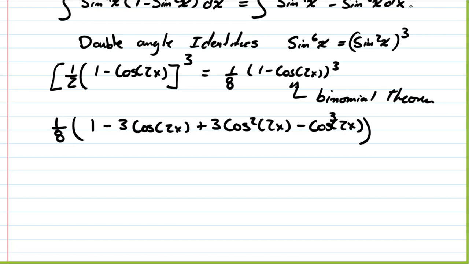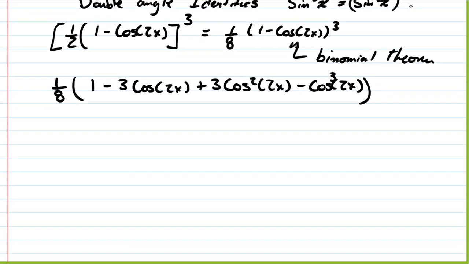So now that we've got this, it just keeps getting even messier, because now I have another even power of cosine, right? So what would I have to do with this? Use the double angle identity again, right? And we're off to the races.